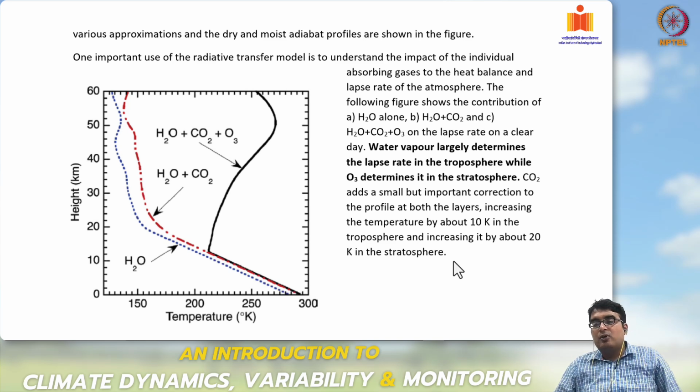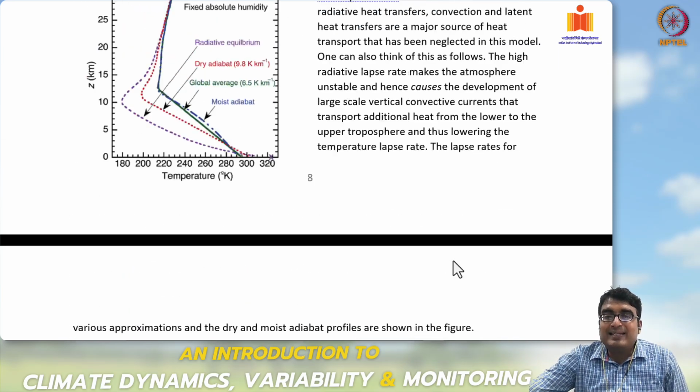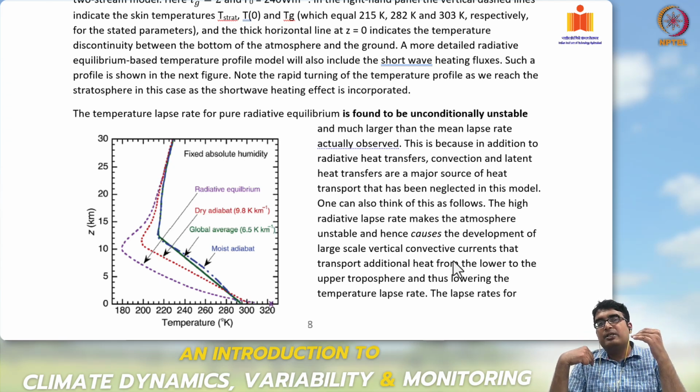So, that much we understand. This gives us a snapshot of how the vertical temperature profile of the Earth is arrived at. Radiative equilibrium, of course, overestimates the gradient, hence makes it unconditionally unstable.